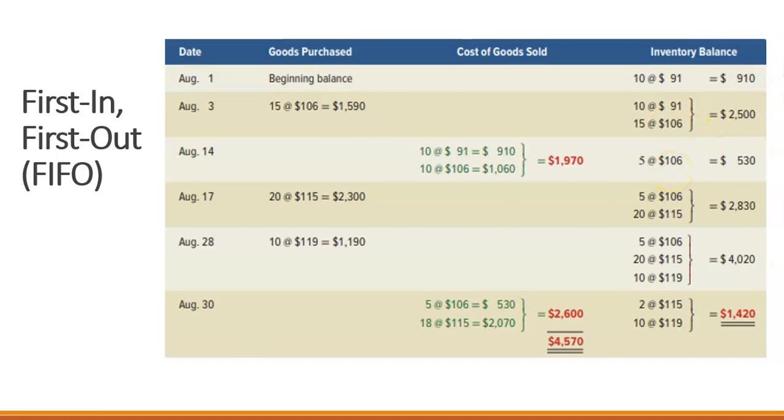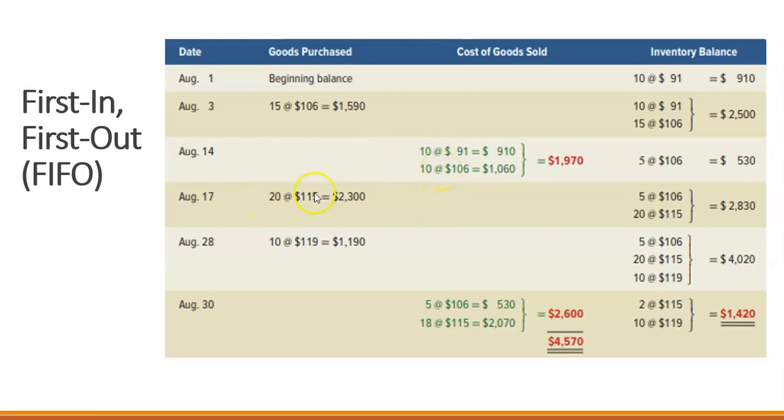If you remember, with specific identification we sold 8 of the $91 and 12 of the $106. With first in, first out, you have to sell all 10 of the first ones, and then you can sell the next inventory that we have on hand.